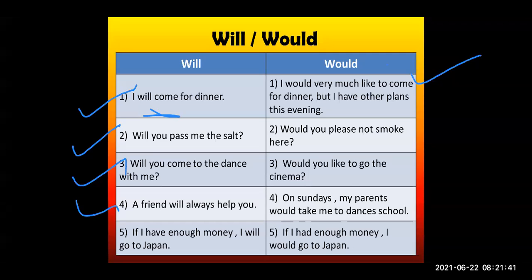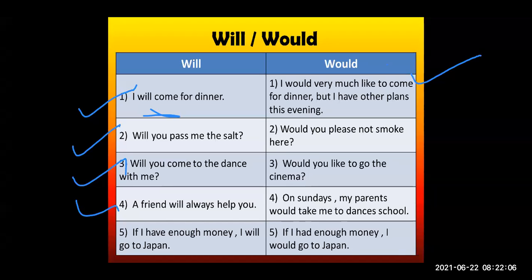First example, see, I would very much like to come for dinner, but I have other plans this evening. Now see, where you wish something to be the case, but in the current situation it is not going to happen, use the modal auxiliary would.